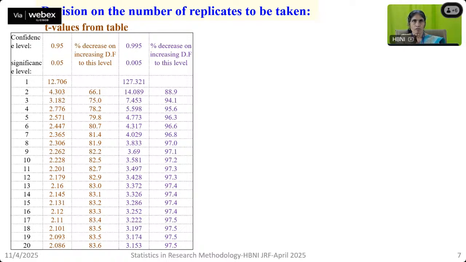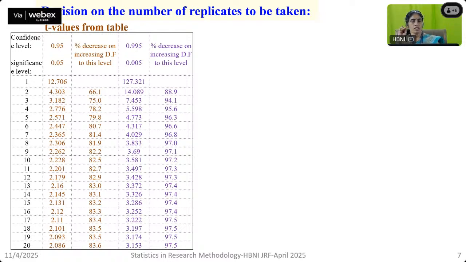Take one particular level of confidence, say 95% confidence level, the significance level will be 5%, corresponding to an alpha of 0.05. So you read the second and third columns of this table. The first column is degrees of freedom, from top to bottom, 1 to 20 are given. The second column corresponds to the values of T at a specific significance level of 5%.